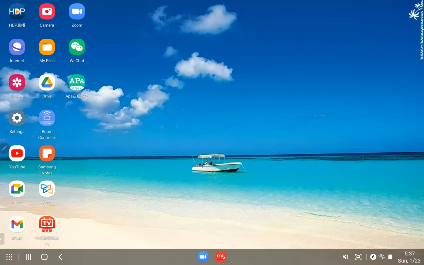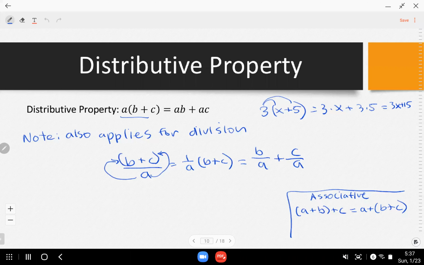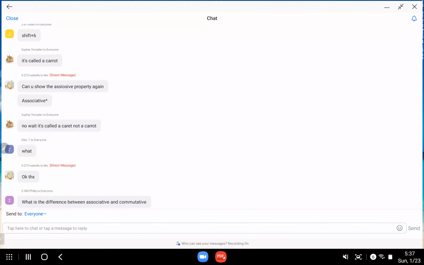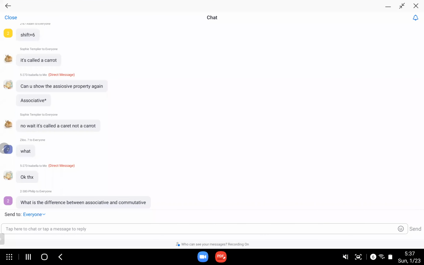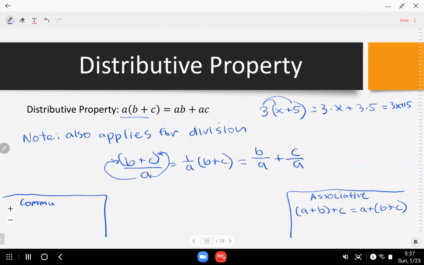So I talked about associative, so now I'm going to go back and talk a little bit about commutative. Basically, the commutative property is, instead of rearranging the parentheses, now we're going to rearrange the actual numbers.